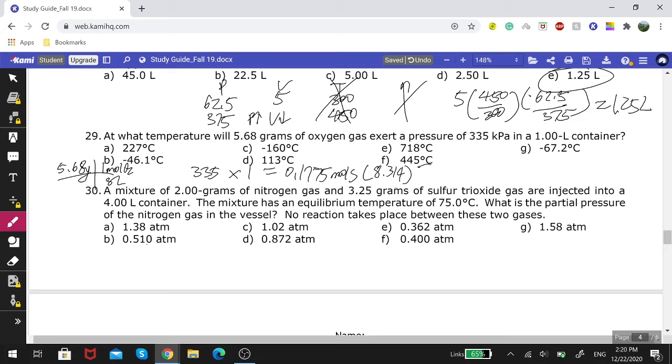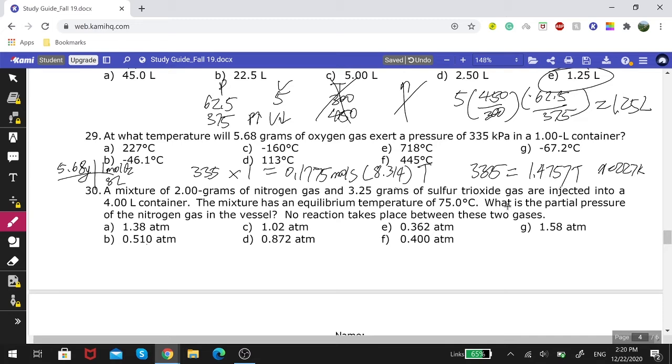Temperature, T. So we have 335 is equal to 0.1775 times 8.314, which is equal to 1.4757 x, or T. And we do 335 divided by that, which gives an x of 227 Kelvin.